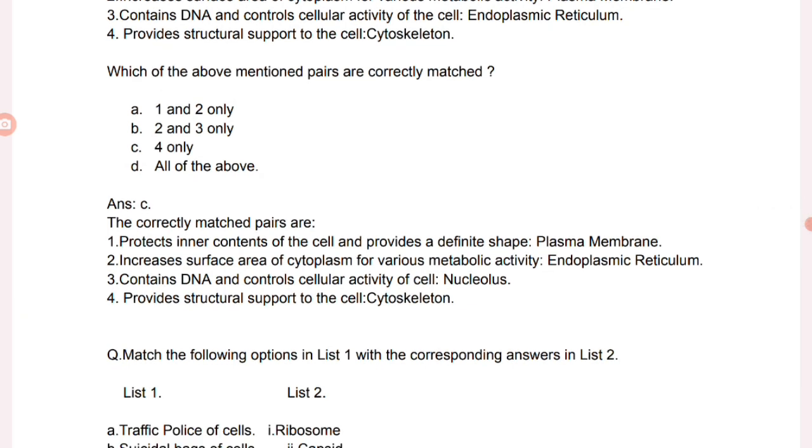So what it is? It is done by endoplasmic reticulum. Contains DNA and controls cellular activity of the cell. So that is nucleus, not endoplasmic reticulum, and provides structural support to the cell. So this is cytoskeleton. Okay, so here option 4 is only correct.